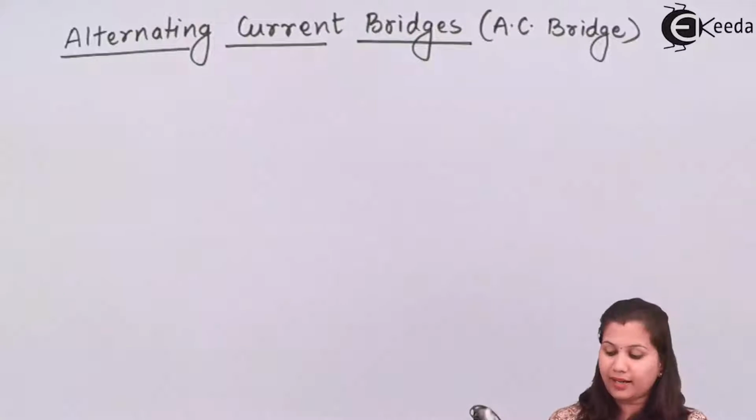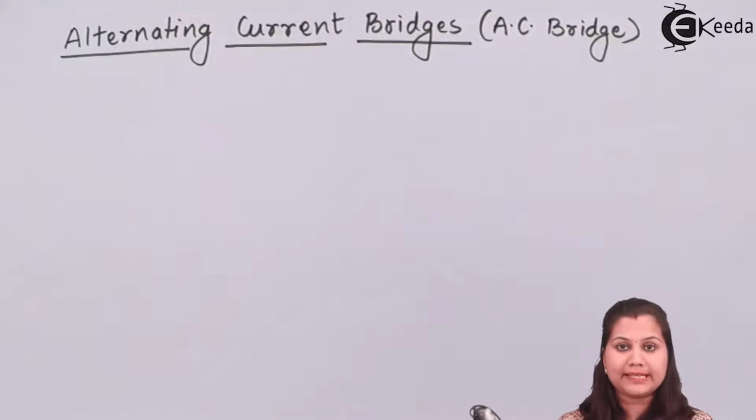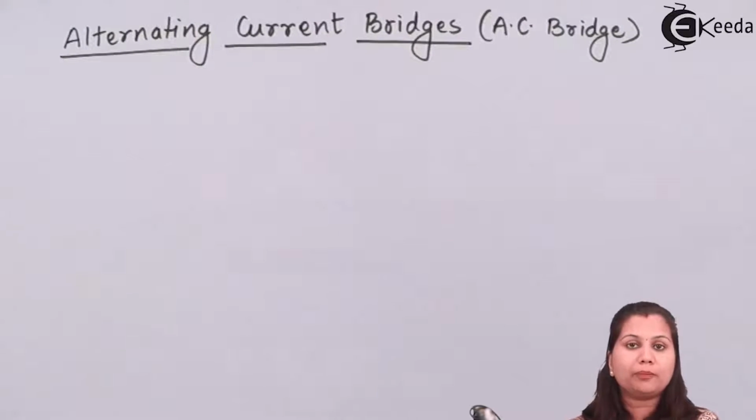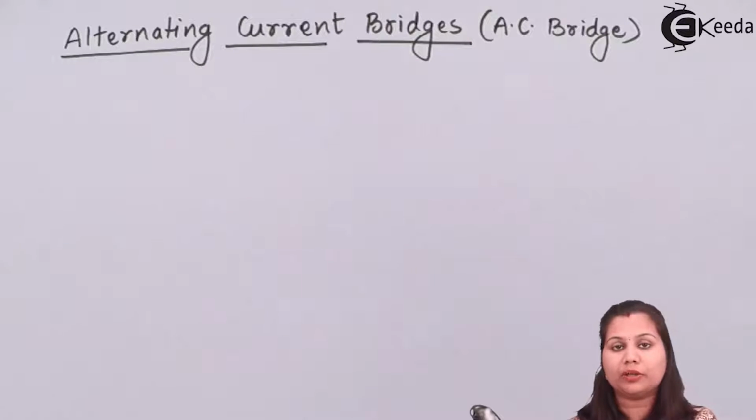The alternating current bridges, or AC bridges, are the most popular, convenient and accurate instruments used for the measurement of AC resistance, capacitance and inductance. These bridges are just like the DC bridges, but the difference between them is the power supply.